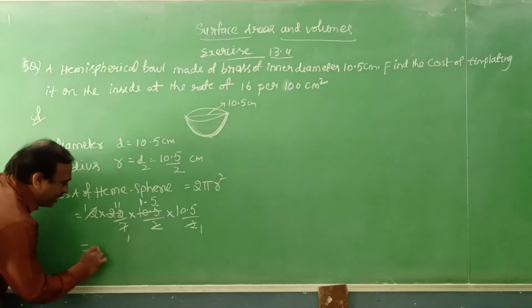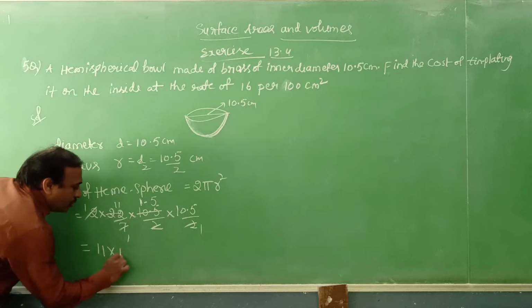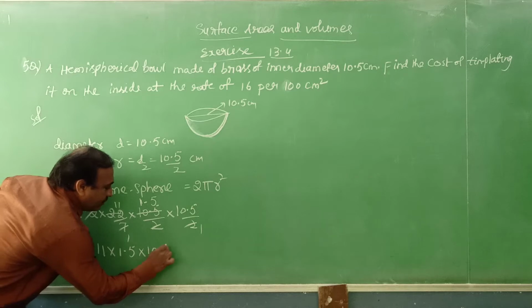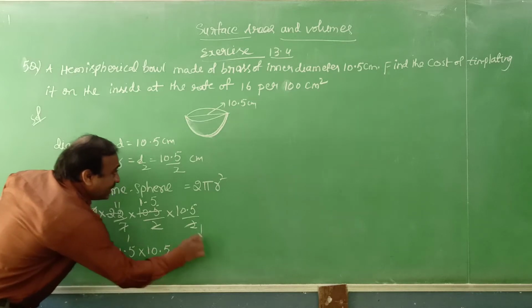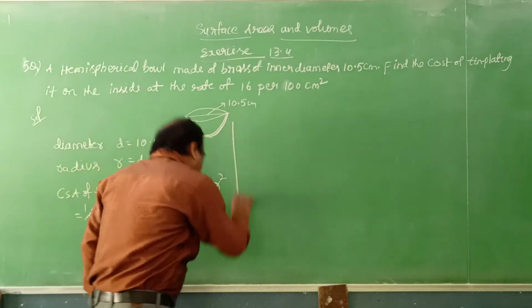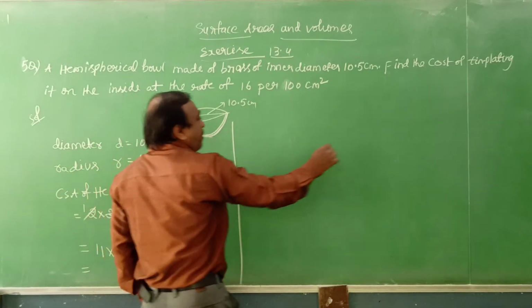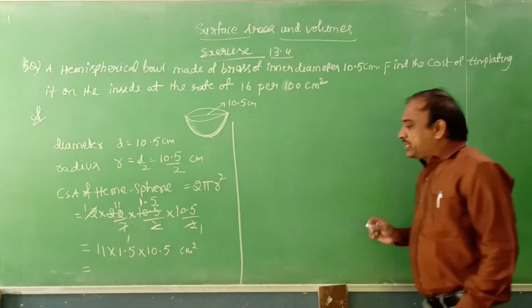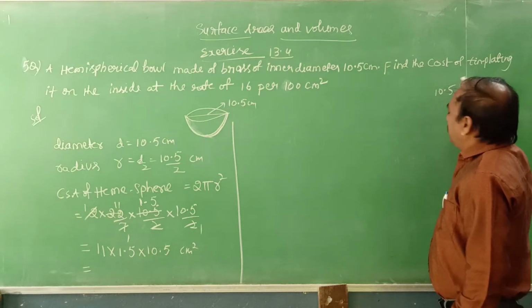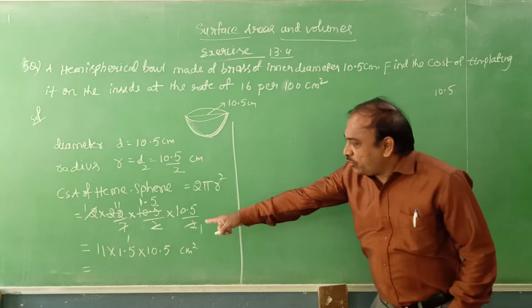So we have here 11 into 1.5 into 10.5 centimeter square. This product we have to calculate.